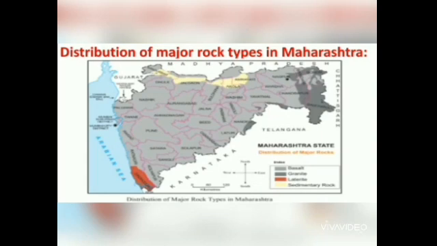Answer is, basalt rock is found in Thane, Raigad, Palghar, etc. You can choose any two districts and write. You could write just Thane and Raigad or Palghar and Thane.